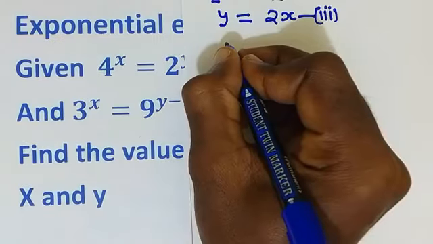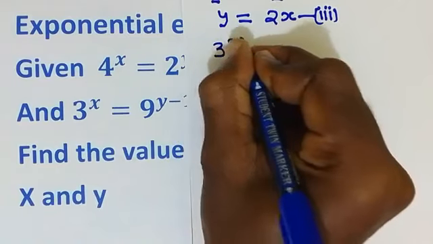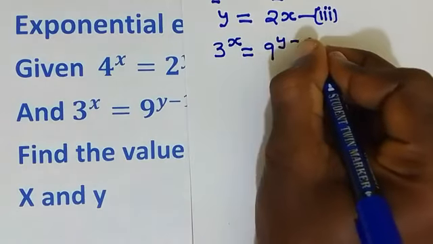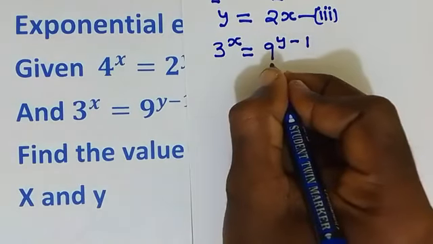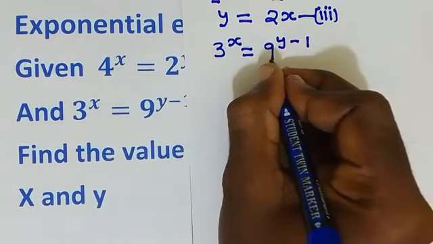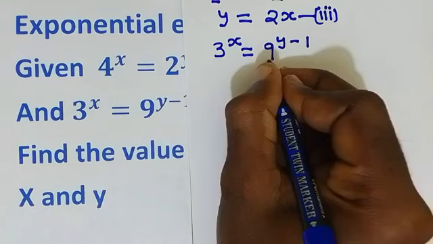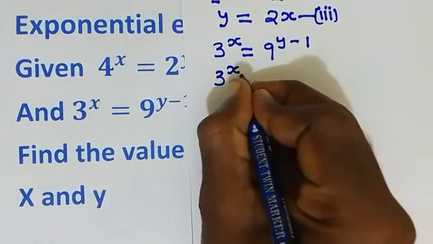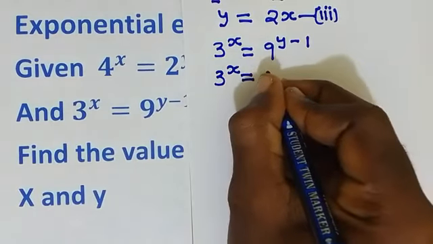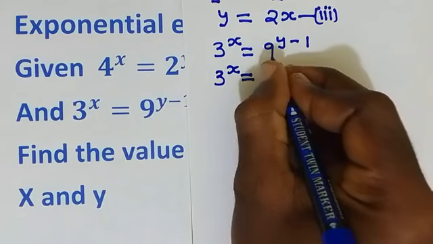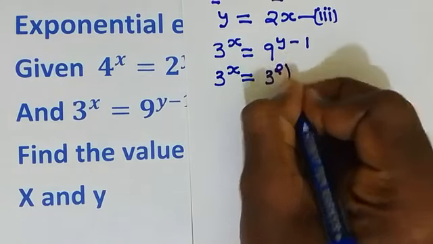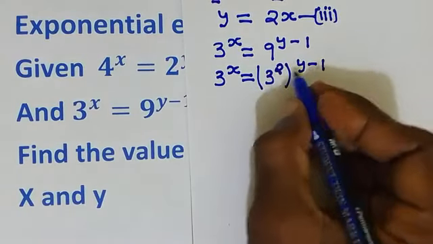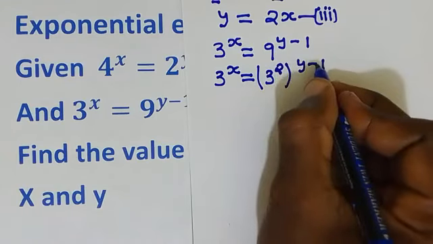From equation number 2, 3 power x is equal to 9 power y minus 1. Let's make them the same base. I'm going to put 9 as a base of 3. That is going to be 3 power x equal to 3 power 2, that is 9, all to the power y minus 1. I'm going to multiply the powers.